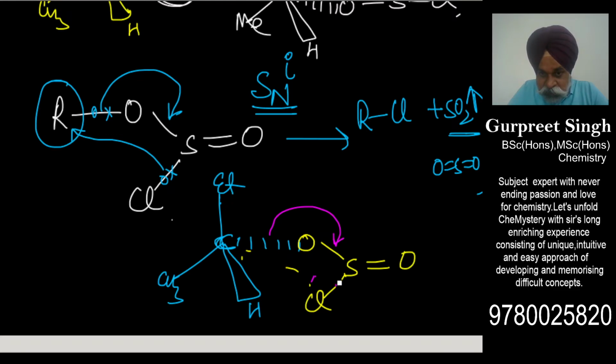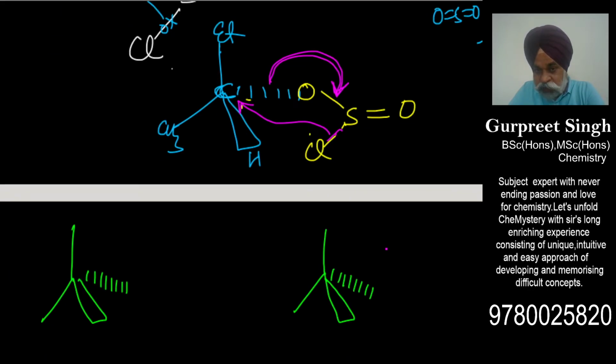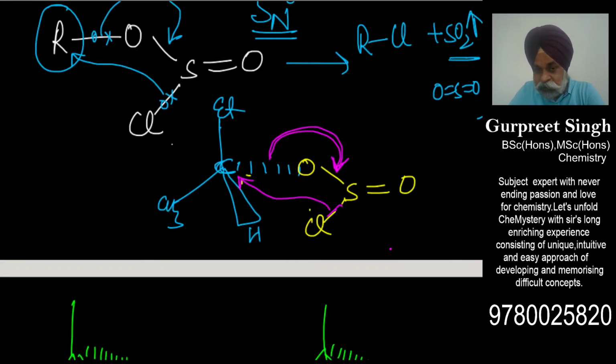So this Cl negative attacks this carbon, this goes here, and SO2 goes out. This is what you call nucleophilic substitution of the type internal, where the attack has happened from the same side from where the leaving group is departing.